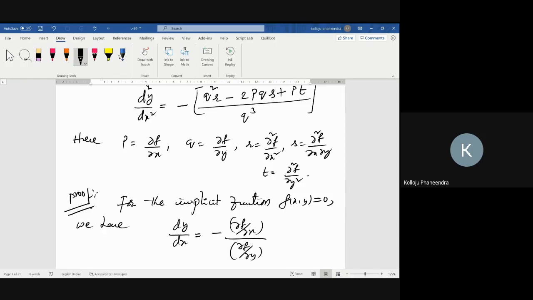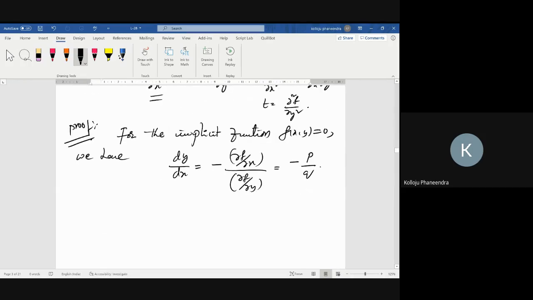This is nothing but minus ∂f/∂x over ∂f/∂y, that is minus p by q. I will not substitute p and q right now, at last I will substitute, because you may get confused.